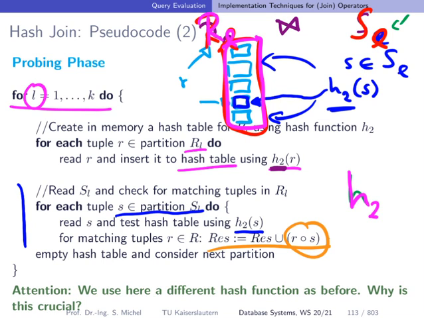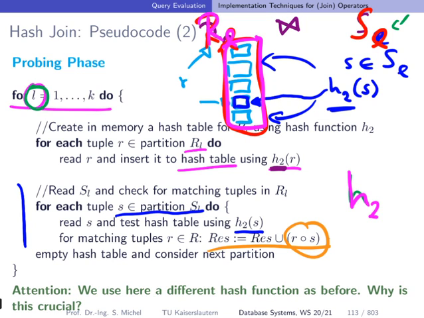So in principle, it's a very simple algorithm. The first idea, described on the previous slide, is to create partitions that fit into memory. Second phase, the probing phase, we want to now really compute the join between the individual partitions that match. This is indicated here by the L parameter.